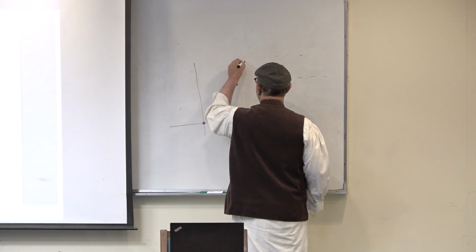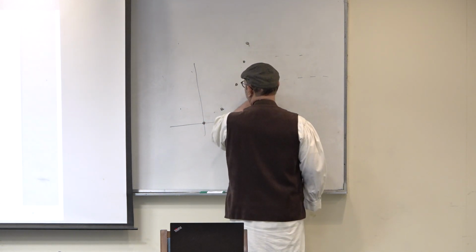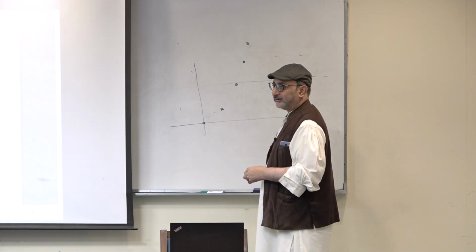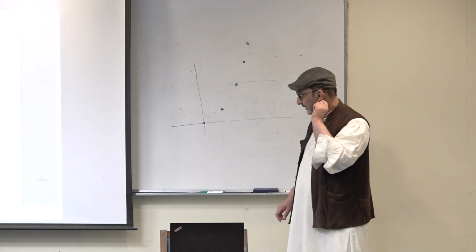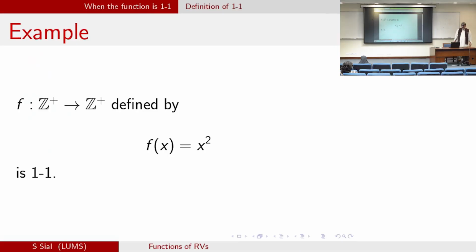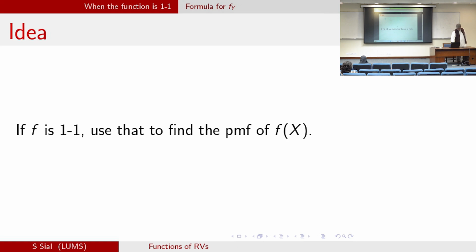The graph might look like this, and if we draw a horizontal line, we're only going to hit 1 point on the graph. So the idea is that if we're satisfied that the function is one-to-one, and we have the PMF for x, then we can find the PMF for f of x.